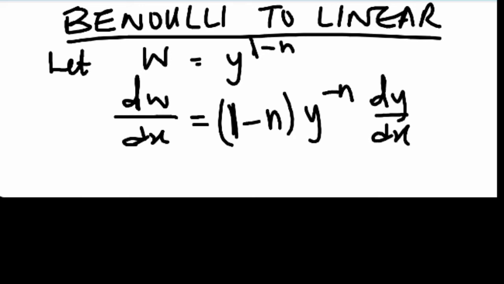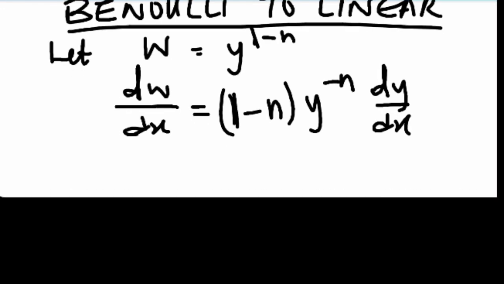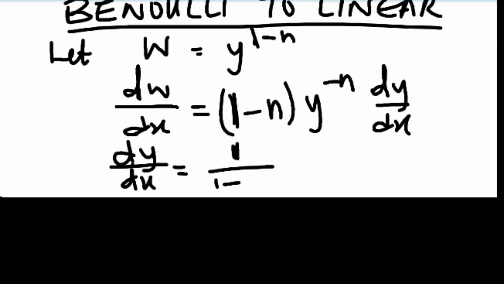If you make dy by dx the subject of formula, you have dy by dx is equal to, dividing through by this first part, y raised to power n times 1 over 1 minus n, and the minus will go, so you have y raised to power n dw by dx.